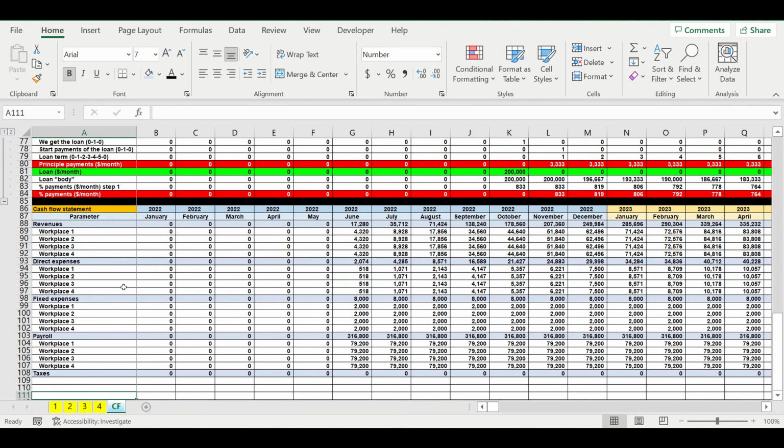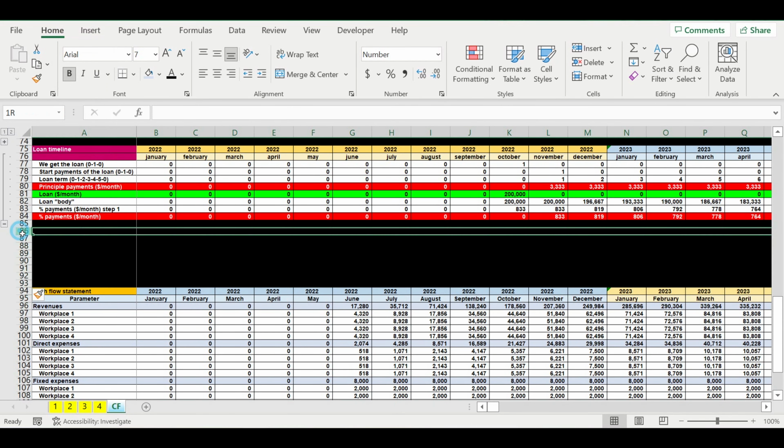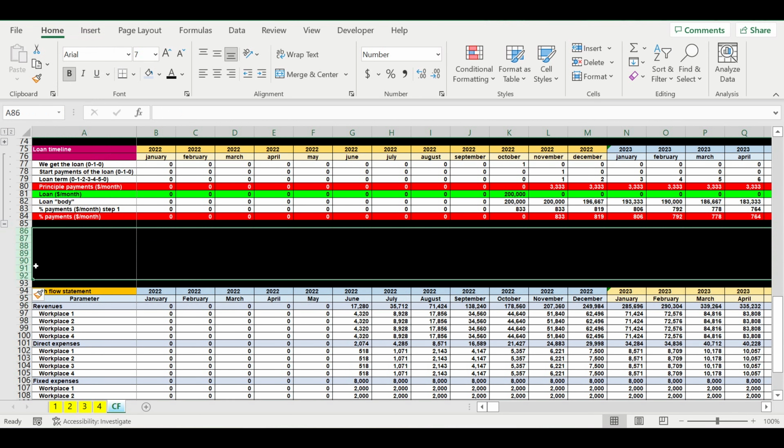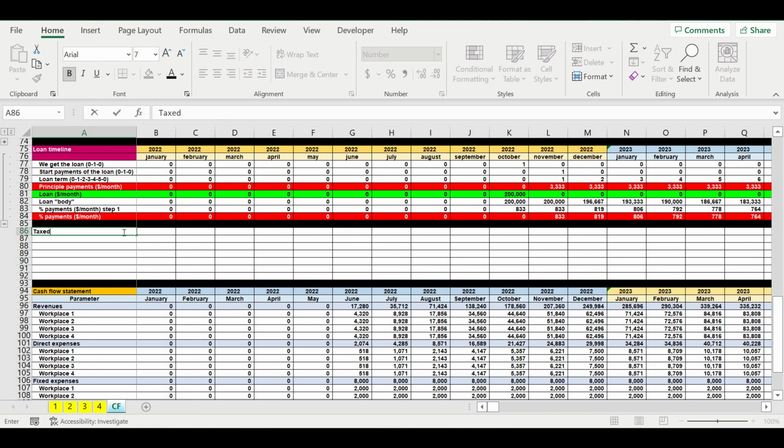We will create a small table of inputs for taxes. Here will be the tax, here will be the rate. This will be the table of inputs.